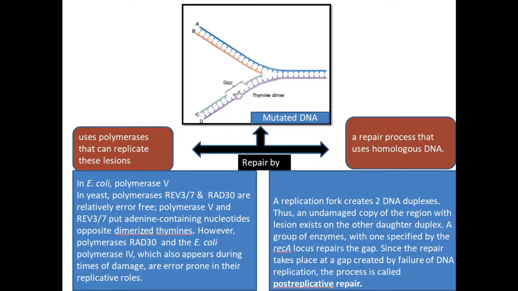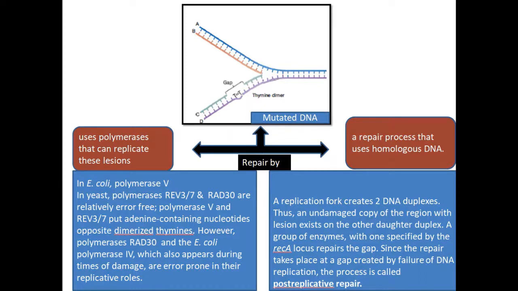The action of polymerase 5 has been found to be such that in the regions where the thymine dimers are formed, adenine containing nucleotides will be added by DNA polymerase 5. In yeast, we have two options, polymerase Rev3, Rev7 and RAD30. These two also add nucleotides even at the region of lesions.